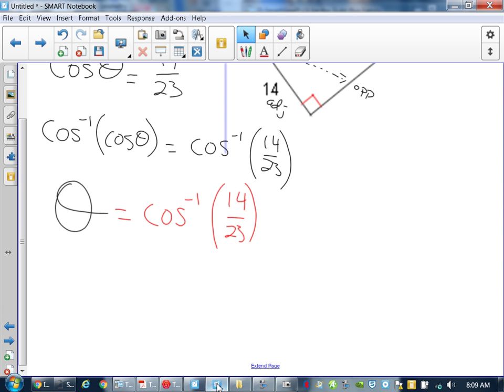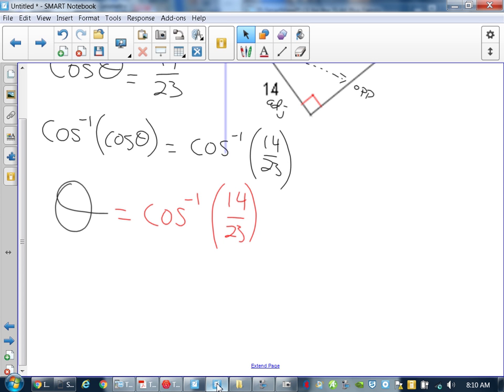So again, whenever you try to find any trig inverse, it will equal your angle of some side over side.